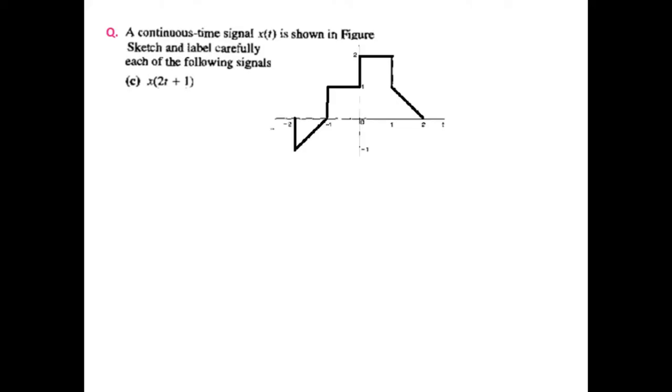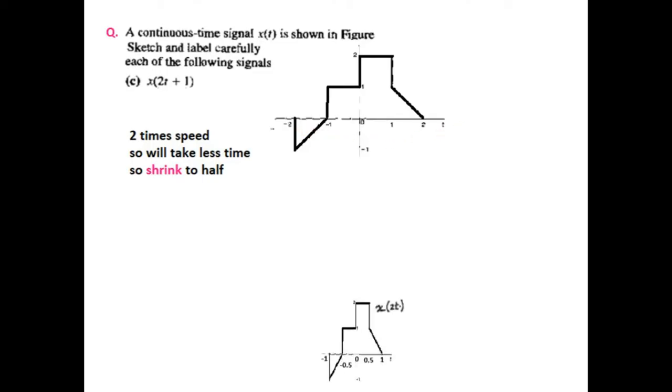Third, same thing, now you have to find x(2t plus 1), so you can see 2t, 2 times t, so that means scaling is involved and shifting is involved. So as we have learned before, 2 times the speed will take less time, so shrink the signal to half or reduce the scale by half.